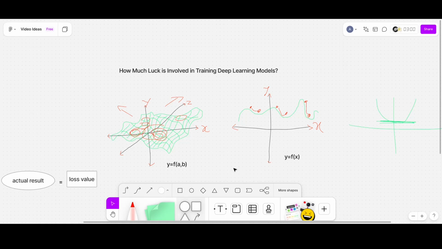I mean, it goes up. Lower loss means better models. So I train it again, but the loss value goes up, and that's really frustrating.